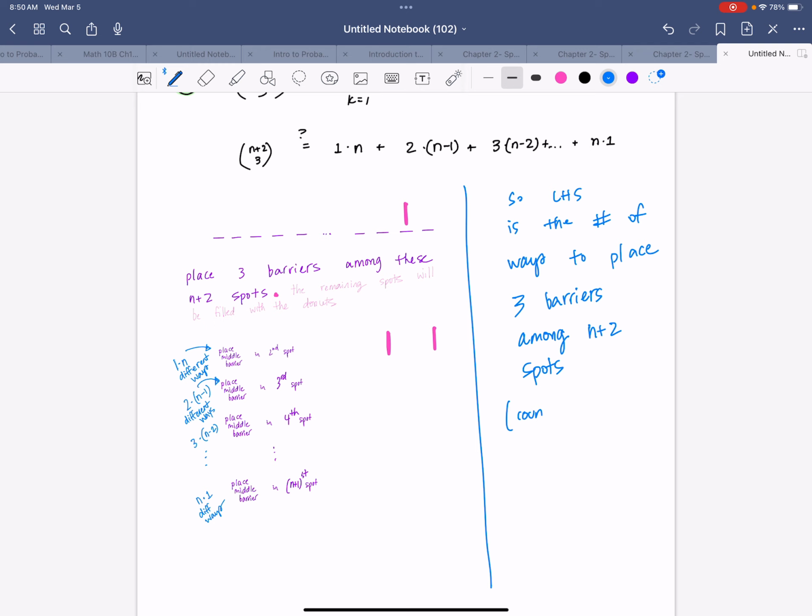You're going to count based on the location of the middle barrier.